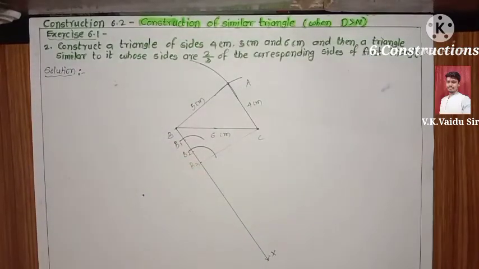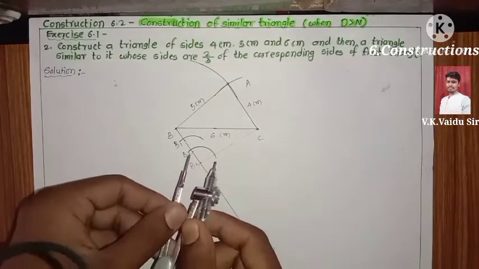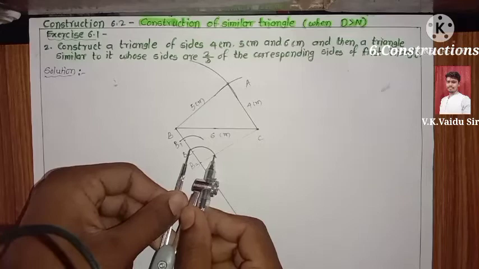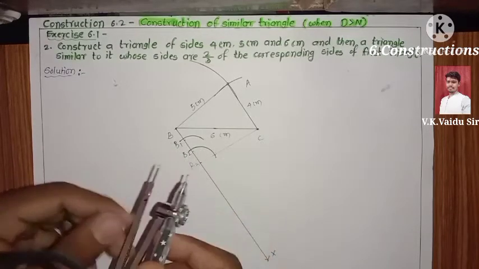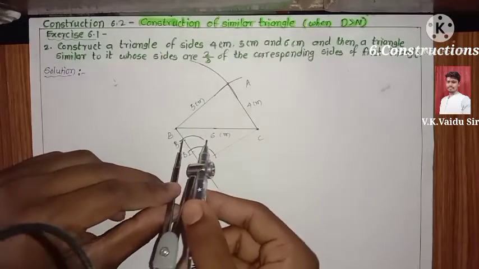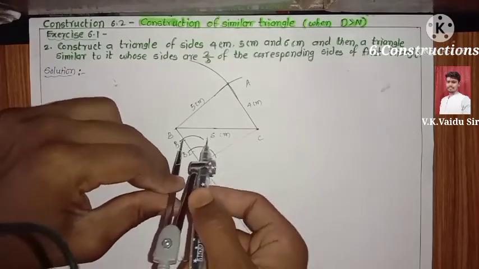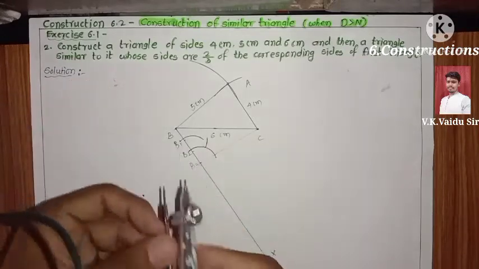Now take the distance between the points where the first arc intersects, in the compass. Put the needle of the compass on the point and draw one arc again, extending this arc.